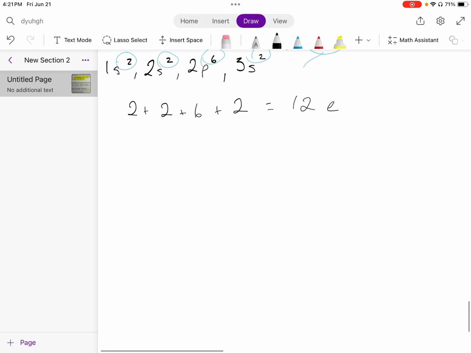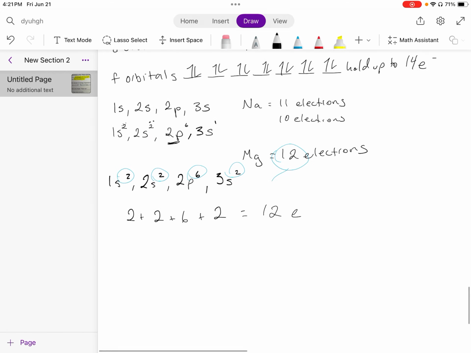Okay. We always start with the 1s orbital because that's the lowest one. That's where all the electrons will start. So for iridium, which has 77 electrons, we know that this will be full.